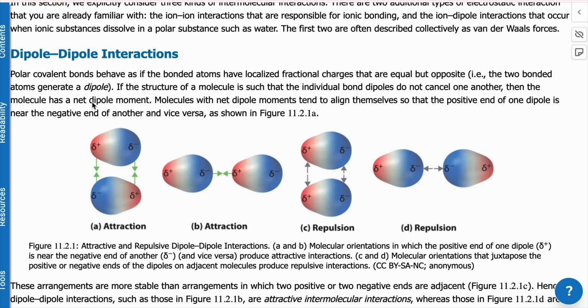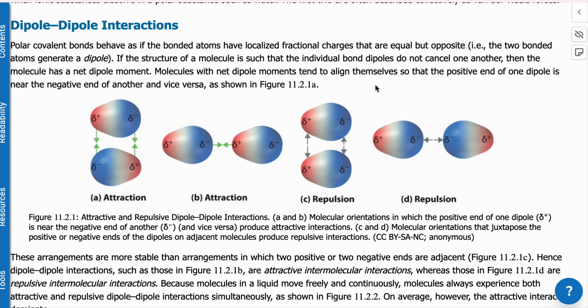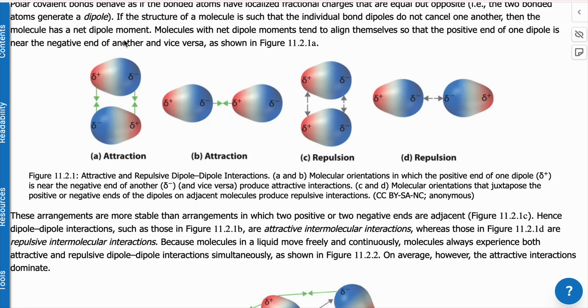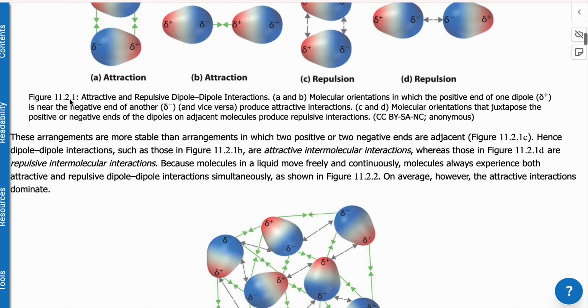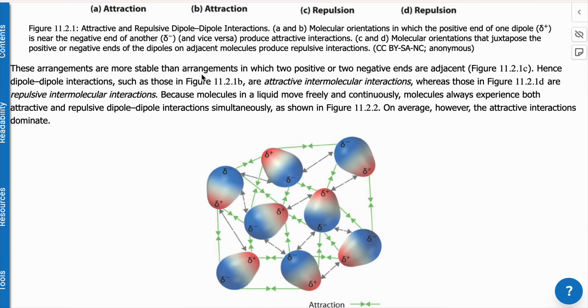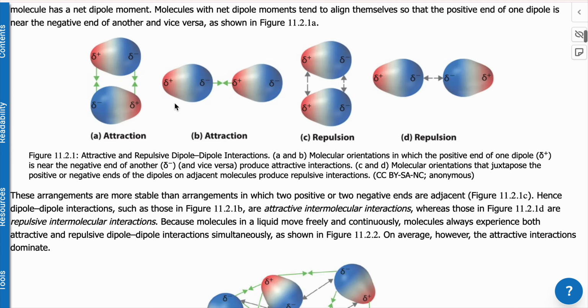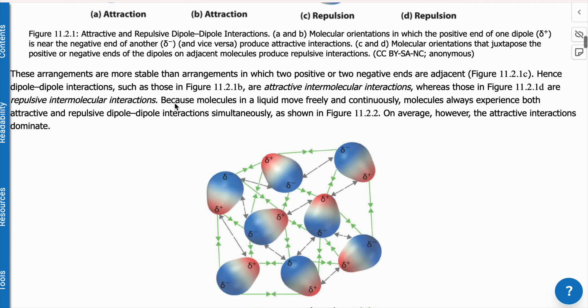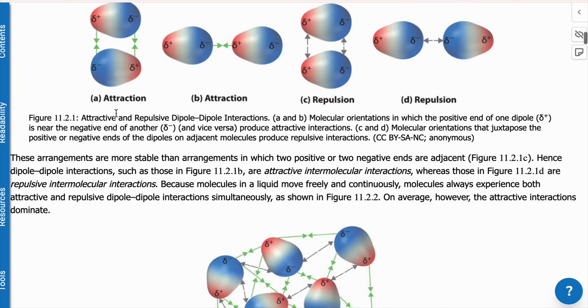Molecules with net dipole moments tend to align themselves so that the positive end of one dipole is near the negative end of another and vice versa. These arrangements are more stable than arrangements in which two positive or two negative ends are adjacent. Okay, hence dipole-dipole interactions in the above diagram are attractive, whereas in this part, that is repulsive.